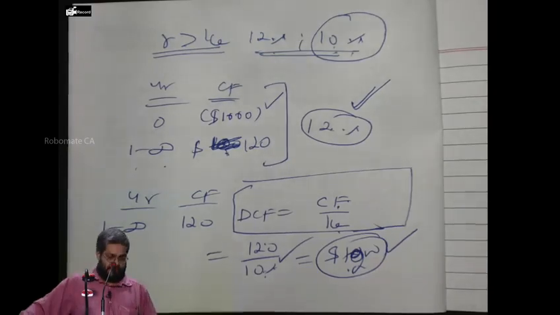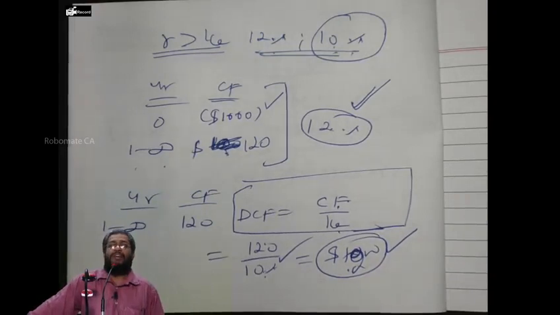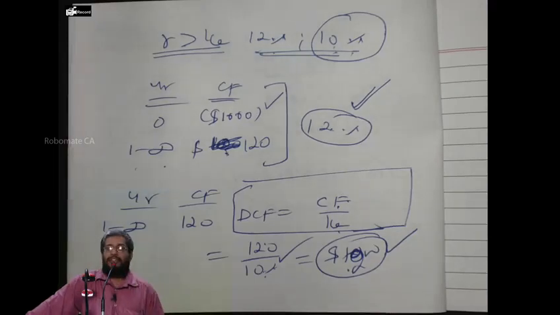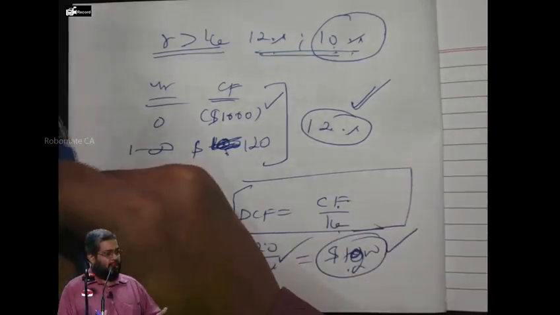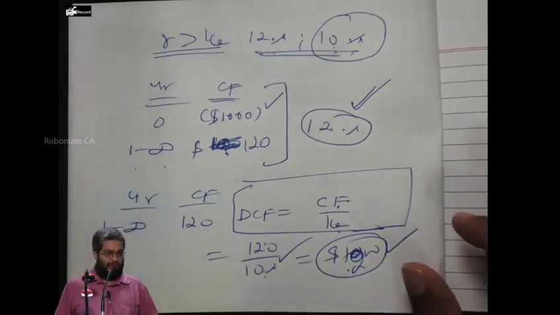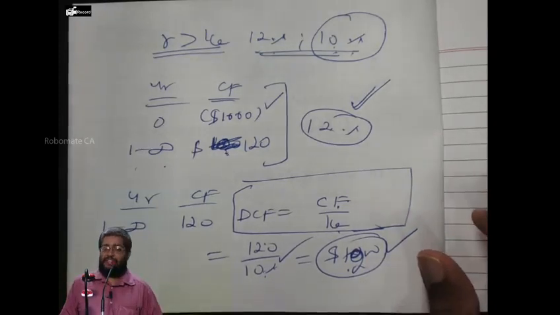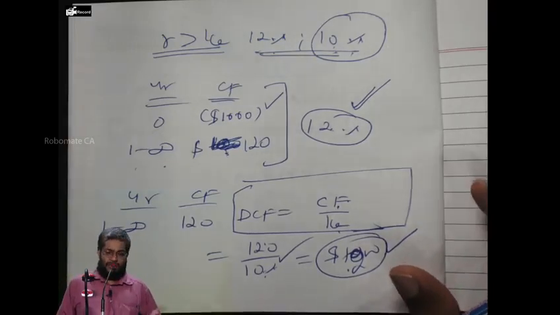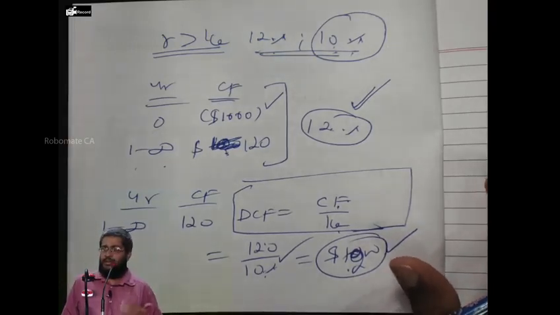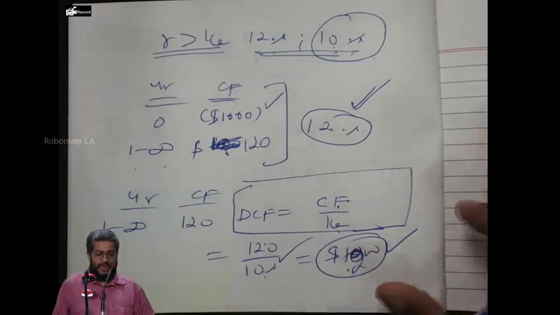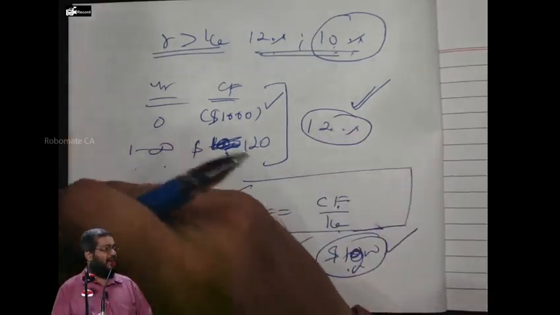Hence, we convert $1,000 cash into $1,200 fixed assets, increasing the company's wealth and shareholders' wealth.